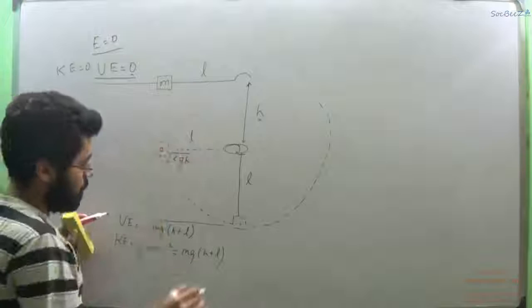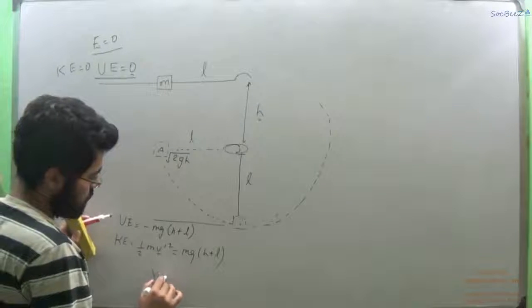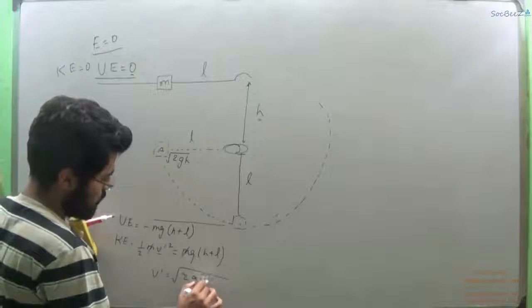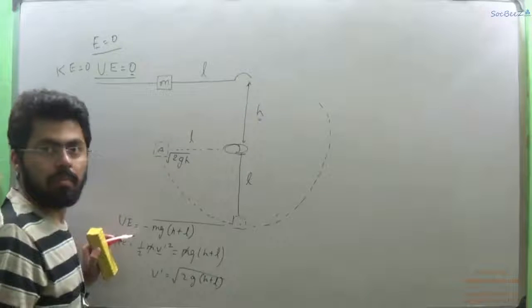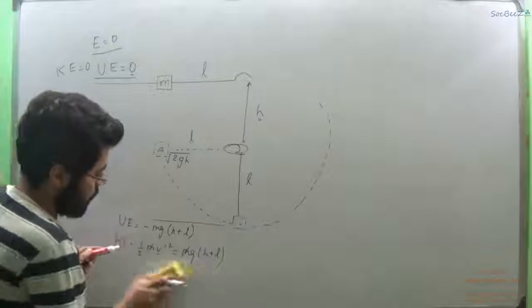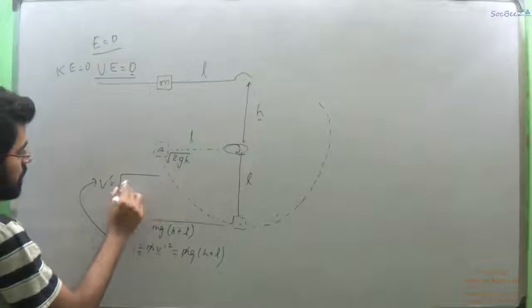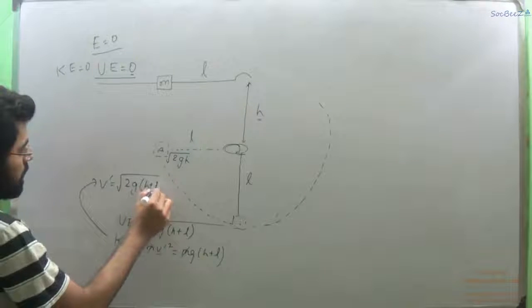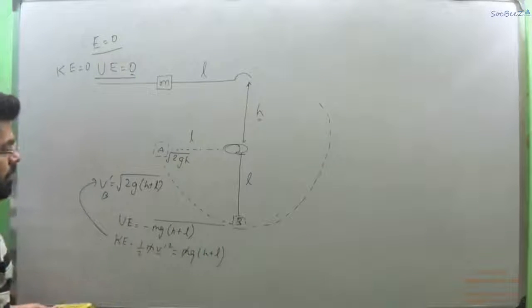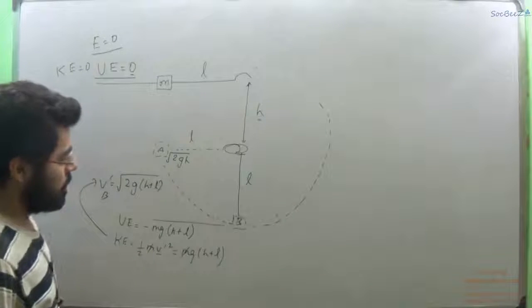So that it will follow at every point. So from here we can calculate v dash square also. So v dash is basically root under 2g(H plus L). So this much is the velocity or kinetic energy.